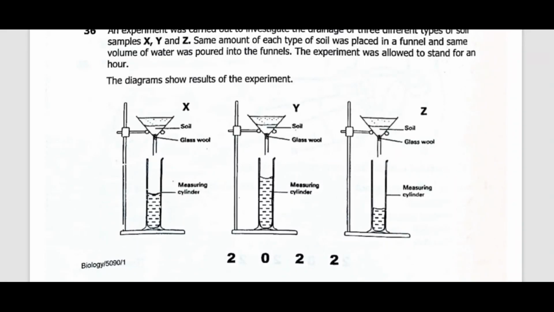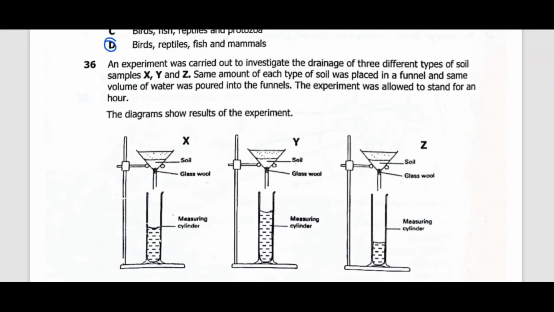Question 36. An experiment was carried out to investigate the drainage of 3 different types of soil samples, X, Y, and Z. Some amount of each type of soil was placed in a funnel and the same volume of water was poured into the funnel. The experiment was allowed to stand for an hour. The diagram shows the result of the experiment.